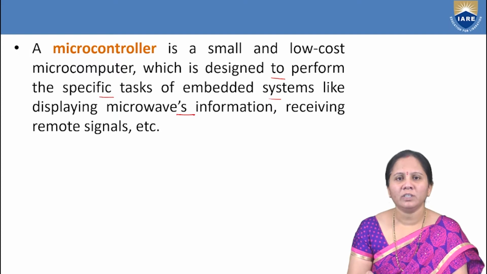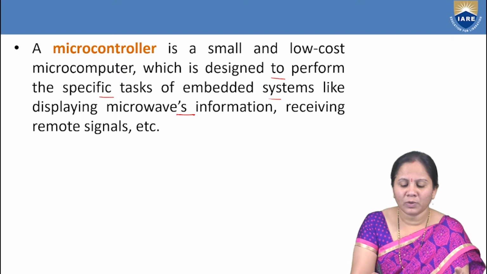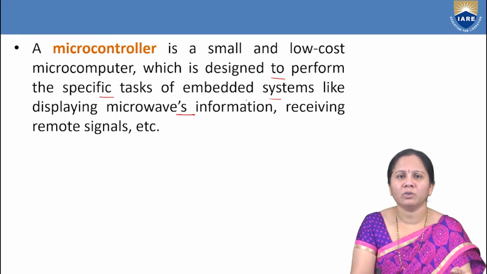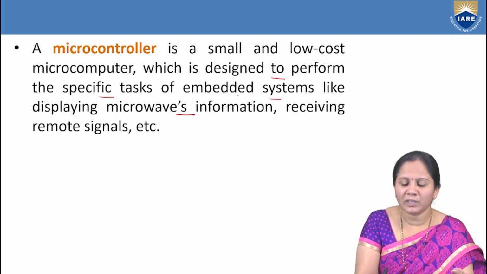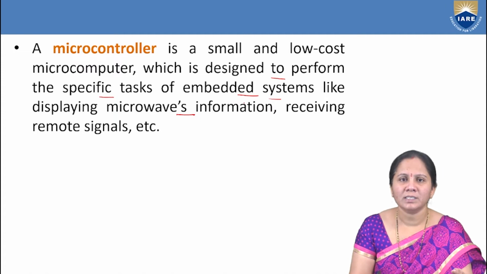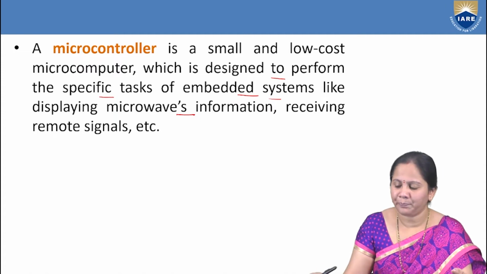All these are different tasks involved in that particular application. In order to execute each task, we should have one microcontroller inside that operation. That is why we can say microcontrollers are used to perform a specific task in big embedded system applications.